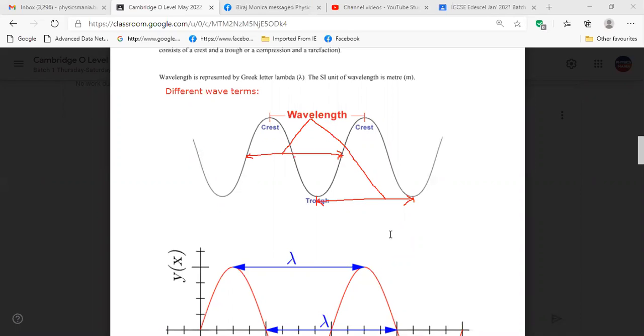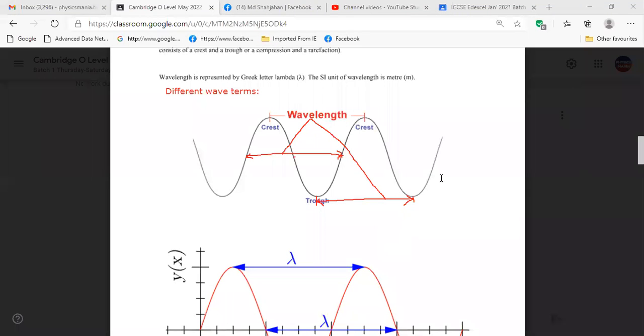In light wave you'll get, in sound wave you'll get, for all the waves you'll get. Especially you will get the calculation of wavelength and working of this wavelength in sound. That is in topic 16. So if you understand it properly now, you can answer those chapters, or you can go there quickly.